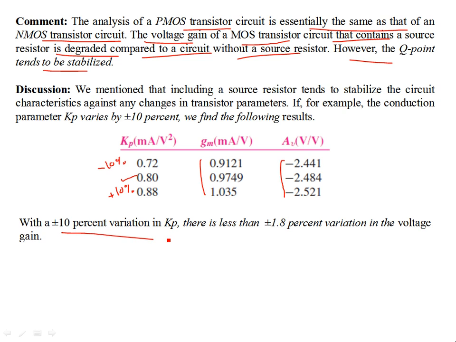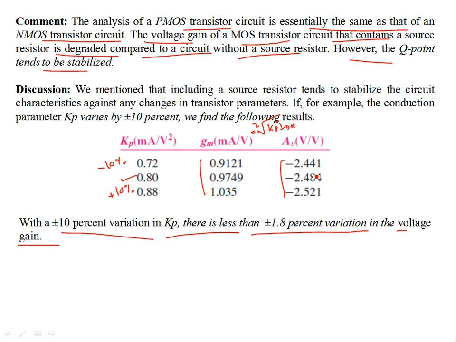With a plus minus 10% variation in KP from one transistor to another in the same configuration, because GM has a direct connection with KP, it's under root KP multiplied by IDQ, a 10% variation of KP produces less than 1.8% variation in the voltage gain, and a small variation in the transconductance as well.